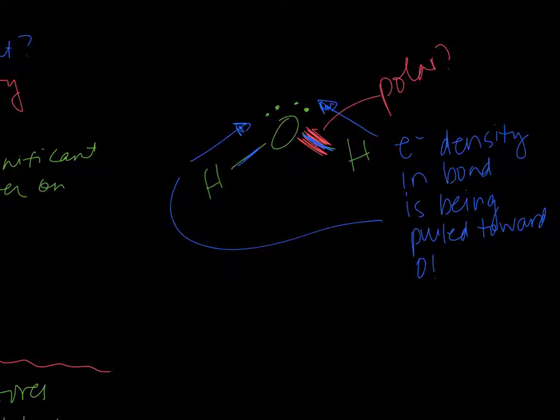So if this molecule, remember these 2 hydrogen are going straight back into the board, into the screen, and you have these 2 lone pairs of electrons coming out at you, right?